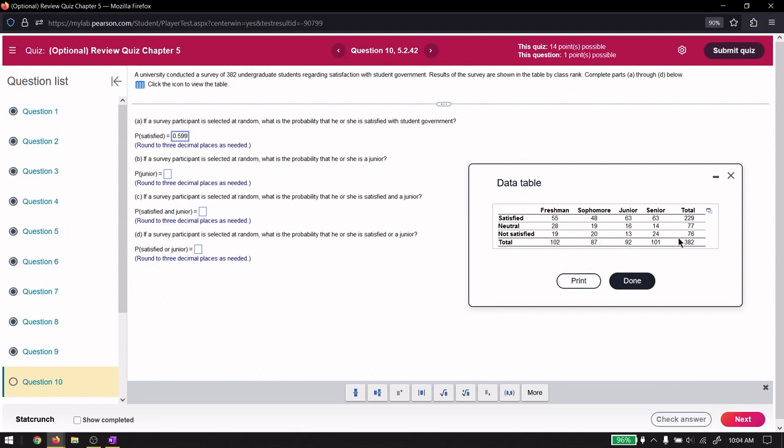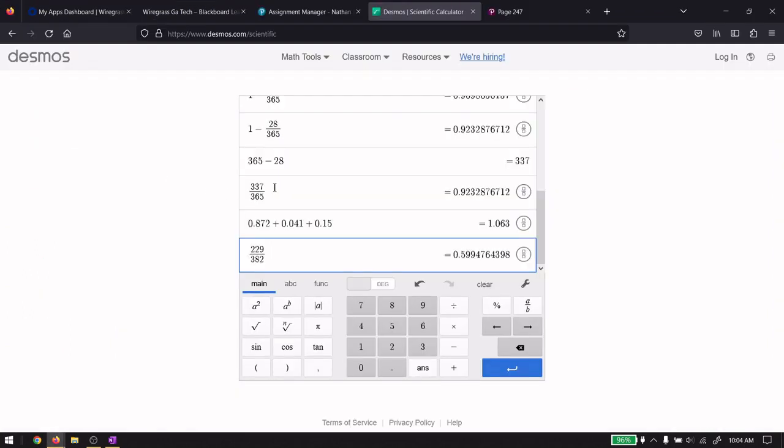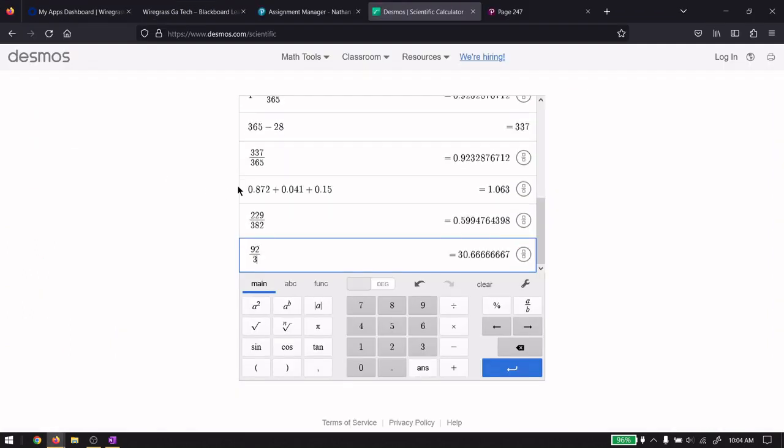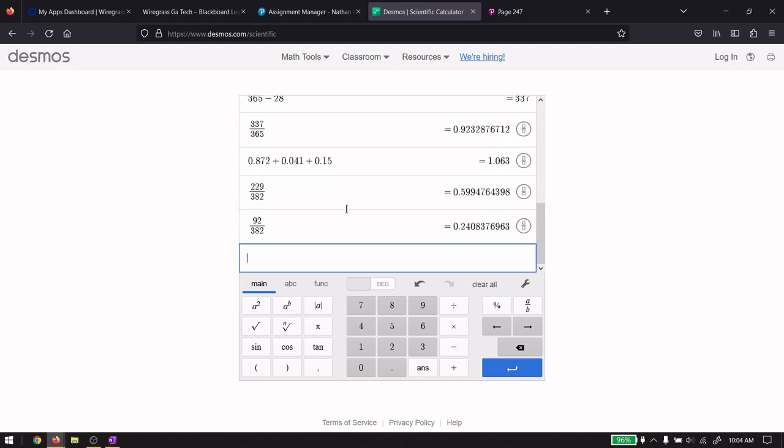So 92 out of 382 is the probability of them being a junior, and we get 0.241 to 3 places.